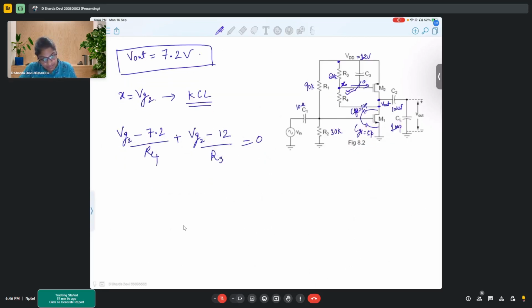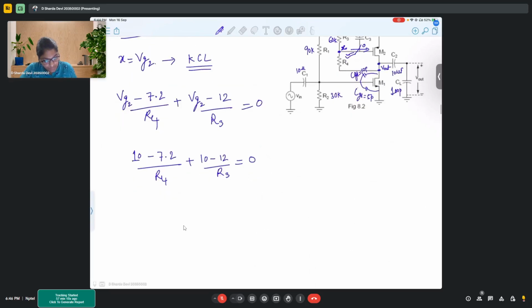You know the value of VG2, which was 10, right? So 10 minus 7.2 by R4 plus 10 minus 12 by R3 equals 0.